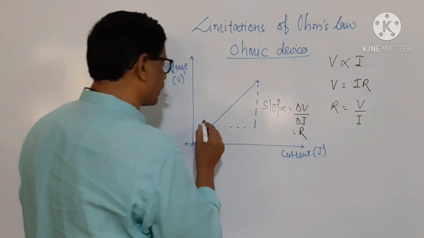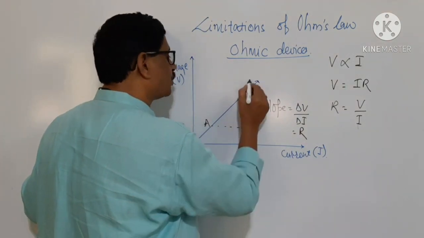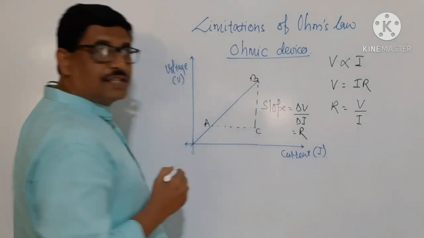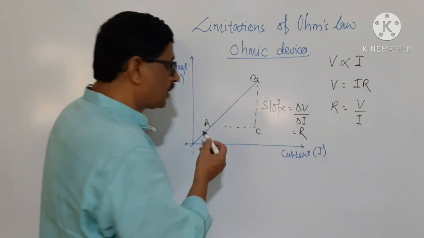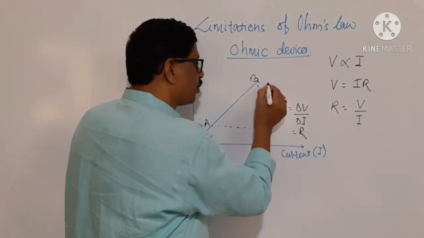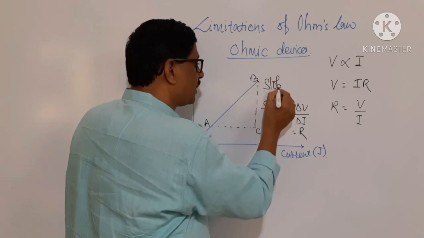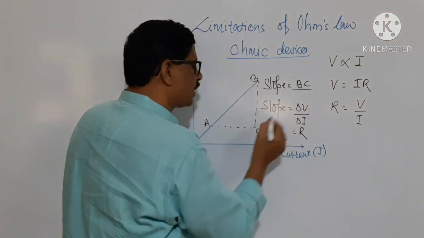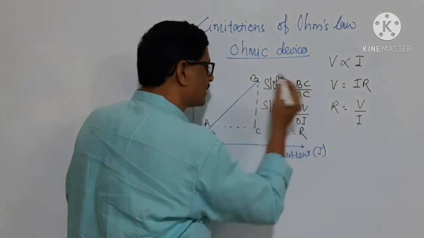Slope of the graph here, let A and B are the 2 points on the graph. C is the point of intersection of the perpendiculars drawn from A and B. Then this slope of the graph is nothing but it is equal to y2 minus y1, that is BC, divided by x2 minus x1, that is AC.